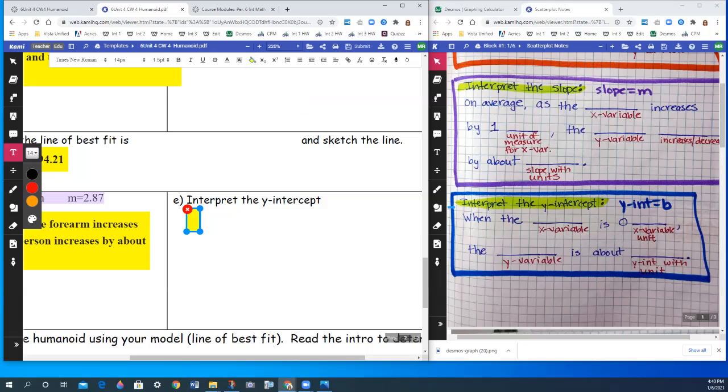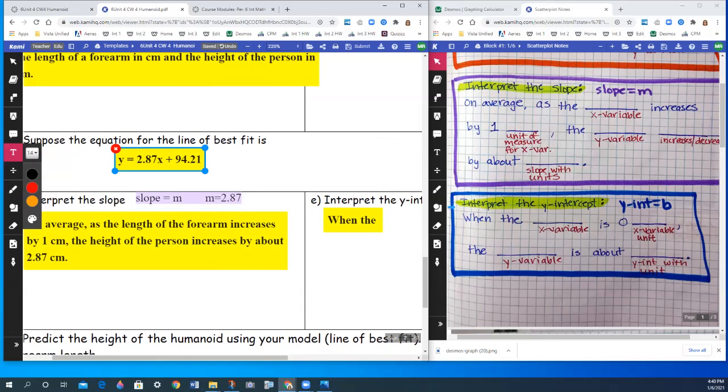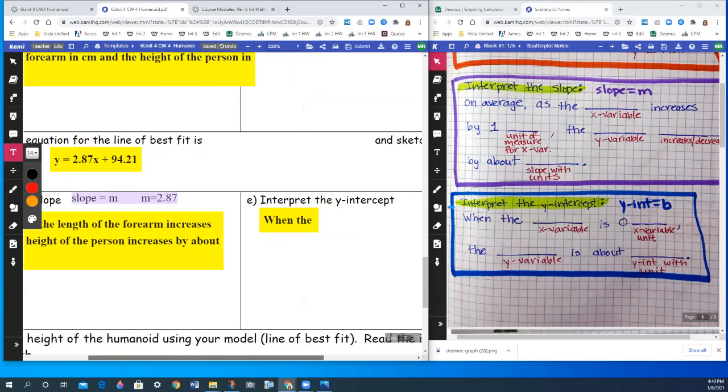For that, let me do like I did in this problem. Let me make sure we identify what my y-intercept is, my b. My b is the 94.21 from my line of best fit.